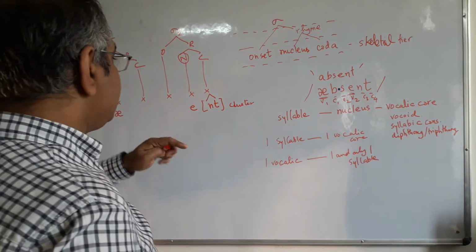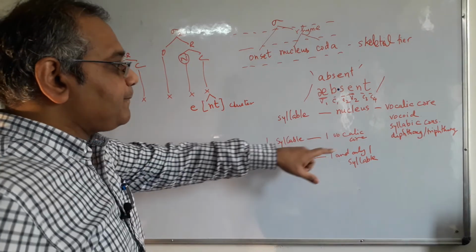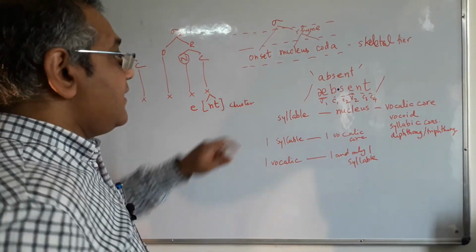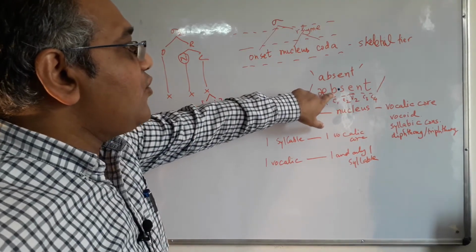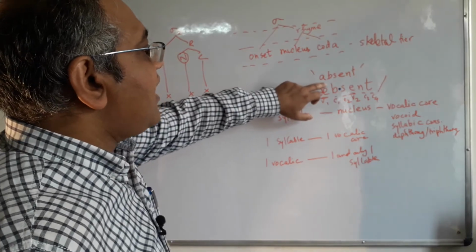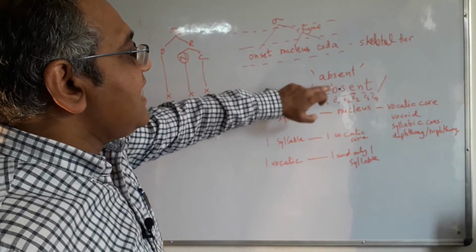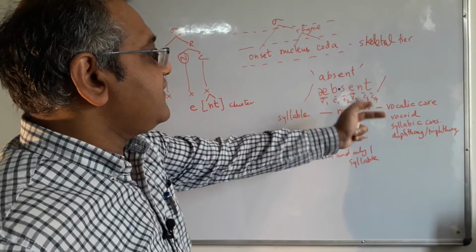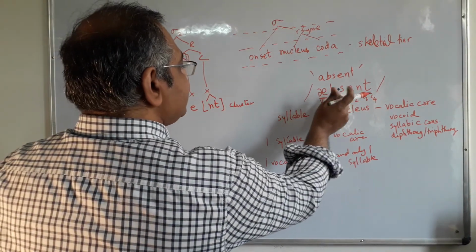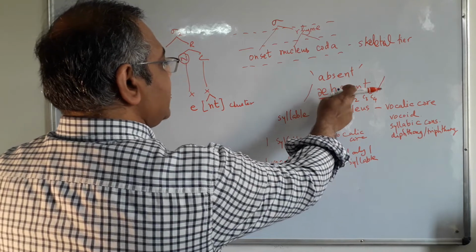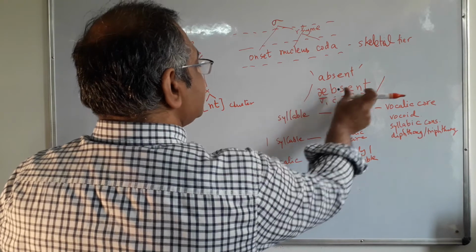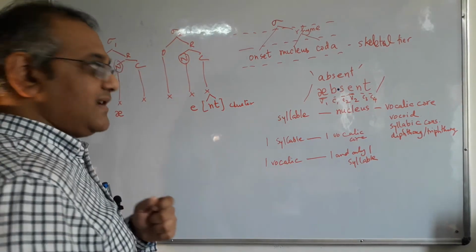Now the problem comes when you're dealing with the b and s, which are one after the other. Why do we put the syllable boundary over here and not after this a, so that b, s becomes part of the second syllable? Or alternatively, why do we not put the syllable boundary after s and before a, and make abs the first syllable and ent the next syllable?